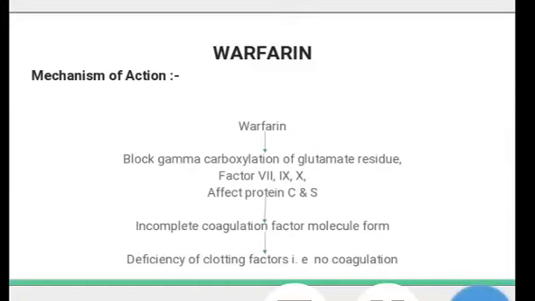Also, it affects protein C and S. Due to inhibition of these processes, incomplete coagulation factor molecules are formed, which disturbs the normal coagulation process, and there is a deficiency of clotting factors. Due to this deficiency, the clotting mechanism is disturbed and clots will not form.